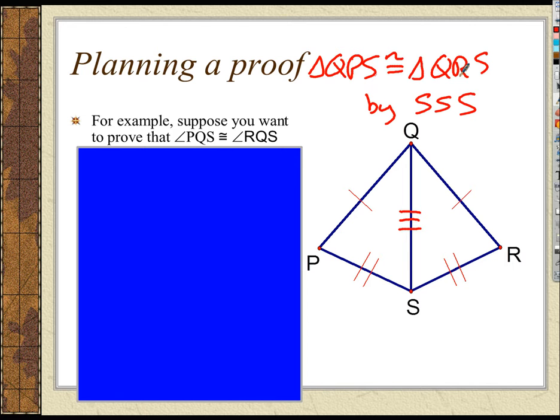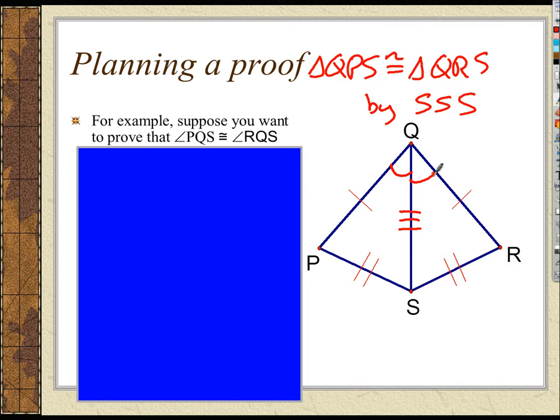PQS is going to correspond to RQS over here, isn't it? And we can see that they do. If we match up the corresponding parts, you can see that those sides go together, those sides go together, these sides go together. So those angles go together, don't they? Right? And so then we know for sure that that angle and that angle have to be congruent to each other. And what's our reason?